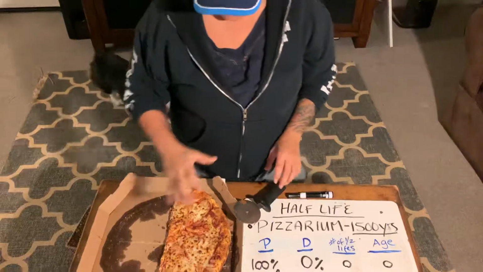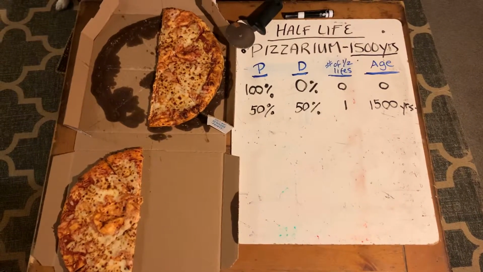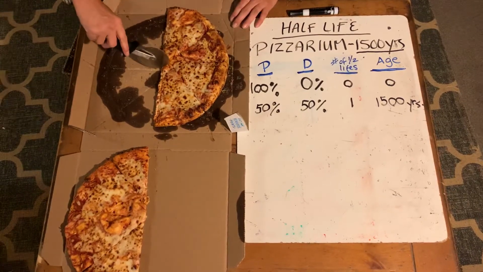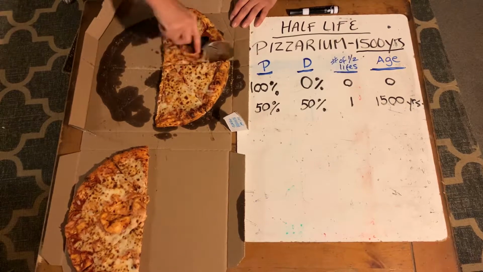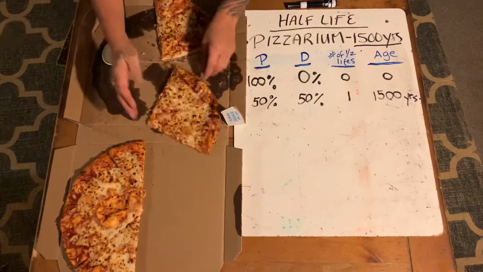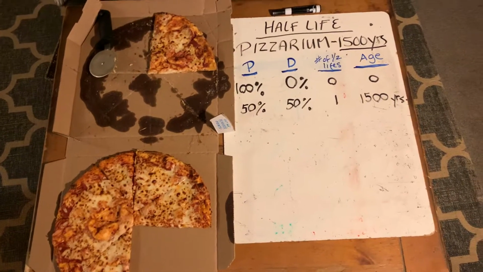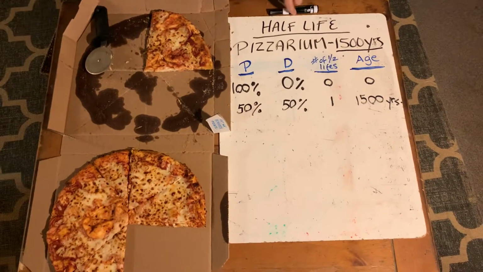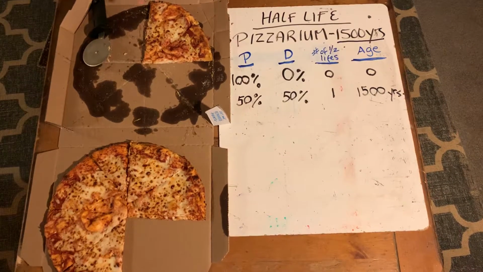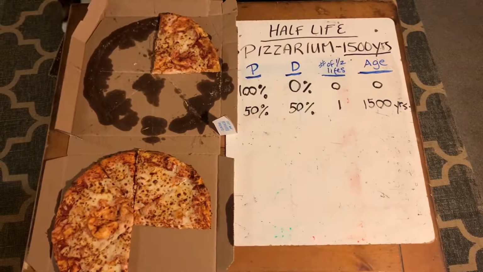Here is the pizzarium that has undergone 1 half-life. So we're going to fast forward another 1,500 years. So we're now left with, from the original isotope of pizzarium, what percentage is left in this part?